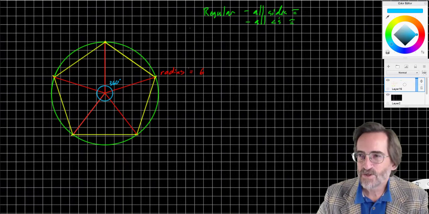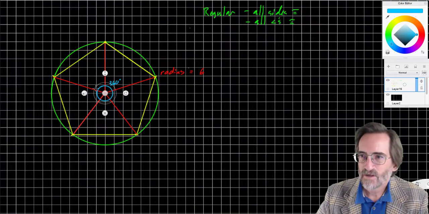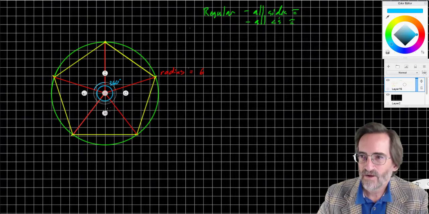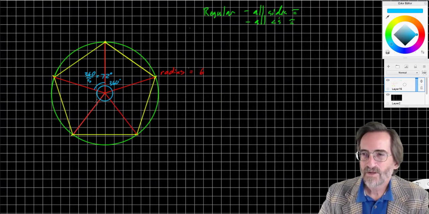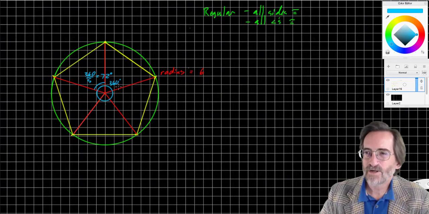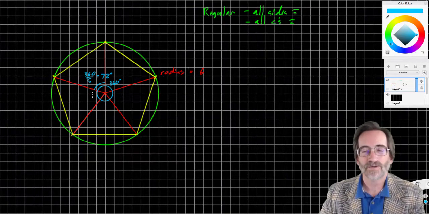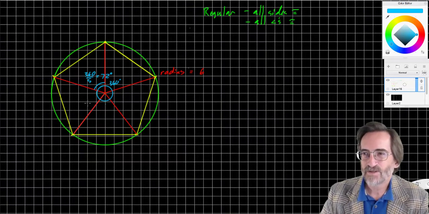So if I take just one of these, that's 360 divided by 5. 360 divided by 5 is 72. Okay, so each vertex angle of these isosceles triangles is 72 degrees.